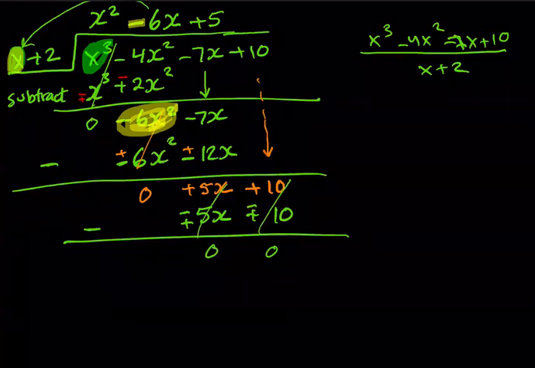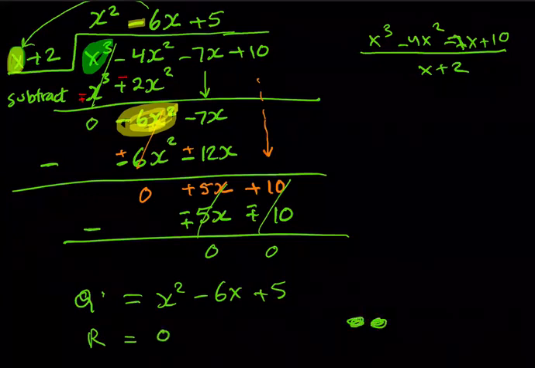So the quotient is x squared minus 6x plus 5, and the remainder is 0. So the quotient equals x squared minus 6x plus 5, and the remainder is, what is it? 0.